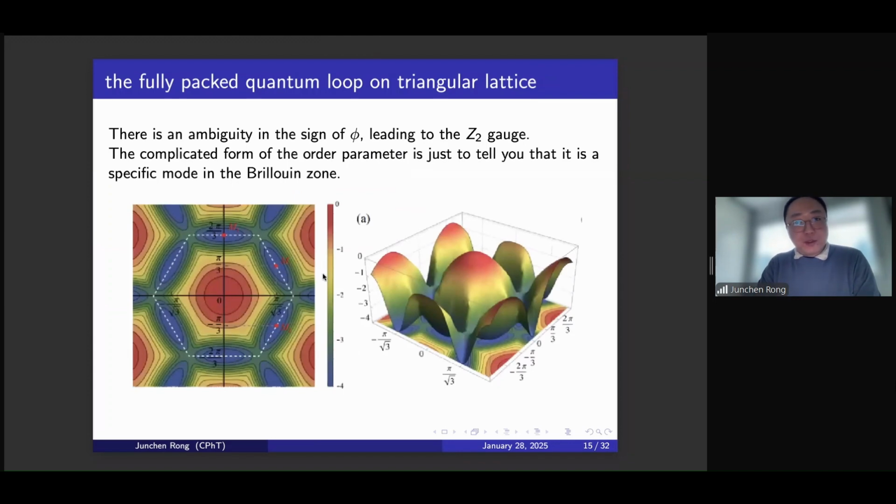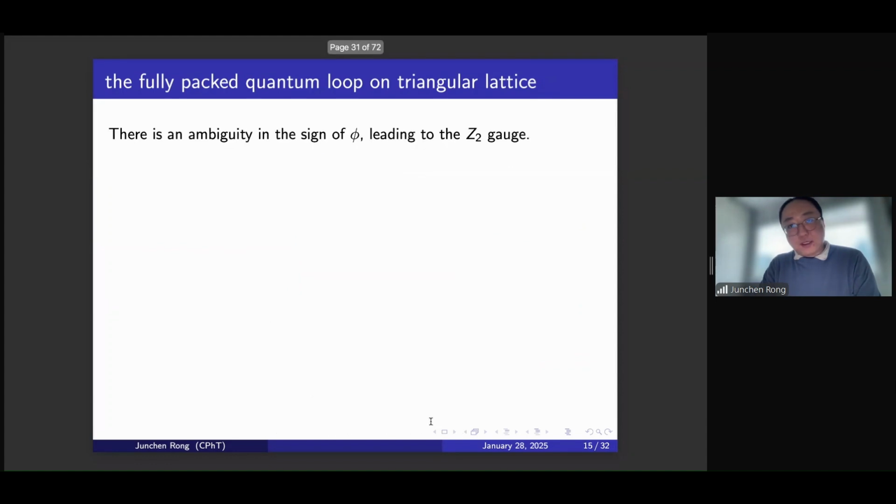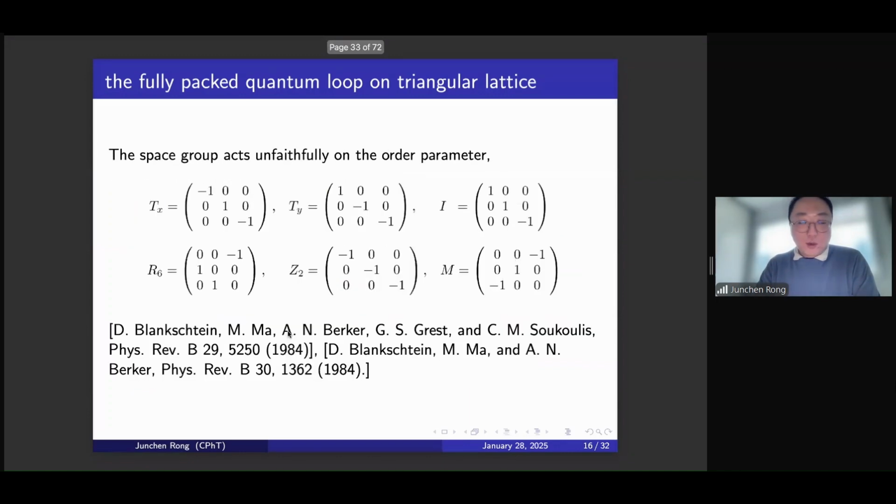Okay, this is what I was trying to explain. These special modes are picked so that there are some special points in the Brillouin zone. We are on the triangular lattice, so the Brillouin zone looks like this. It's not important. But the point is that the space group acts on this order parameter by these generators.